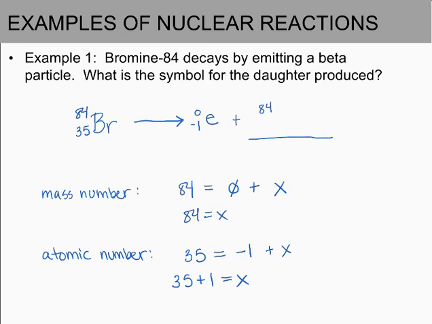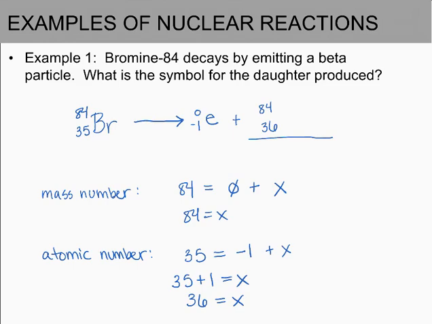All right, so that tells us that X is equal to 36. Okay. So that makes sense because remember, during beta decay, we're turning a neutron into a proton. So we're gaining a proton. So if we look at our equation up above, we went from 35 protons to 36 protons. So that makes sense.